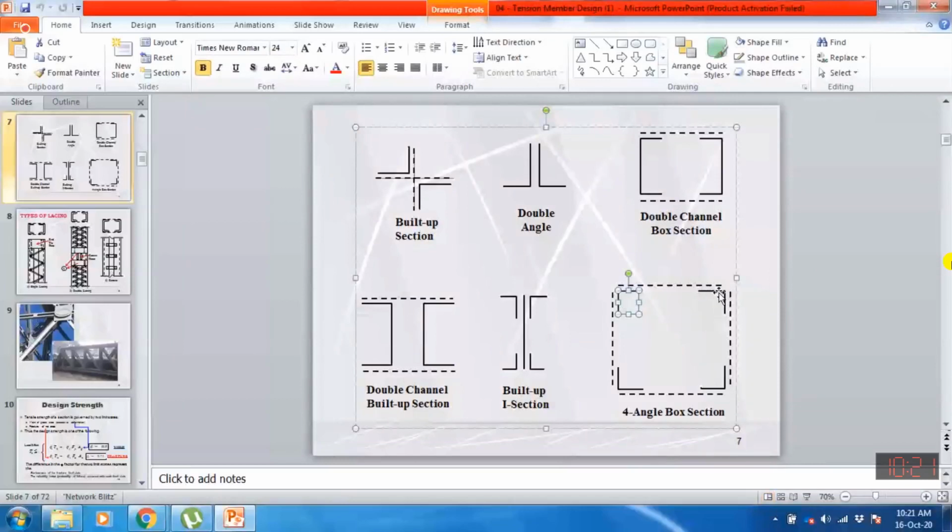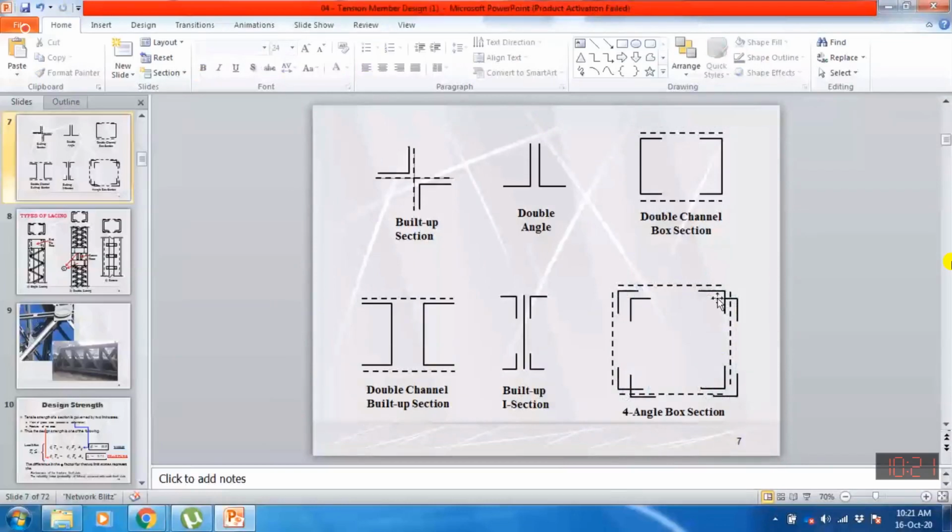For example, here you can see I have four angle sections and they are placed sparsely. Now what if I place the same sections very close to each other?